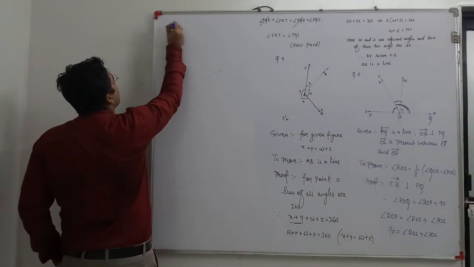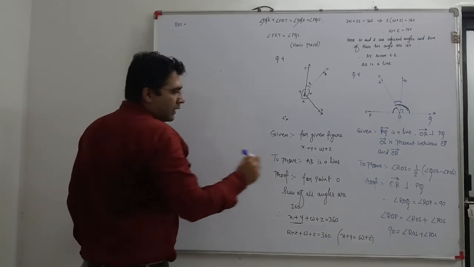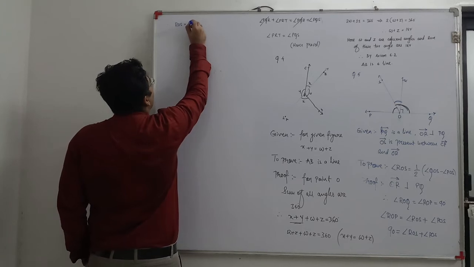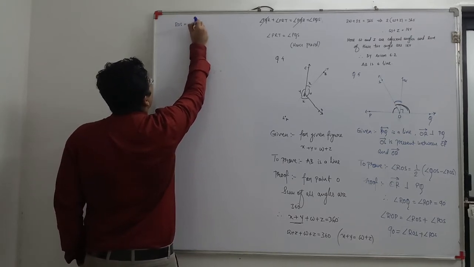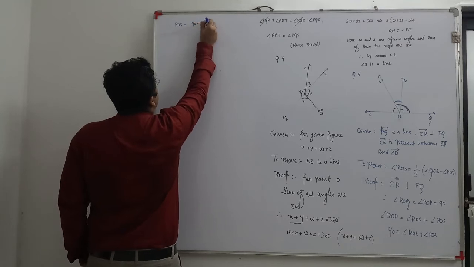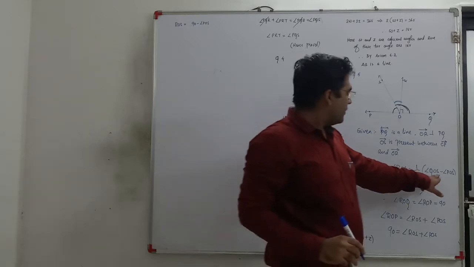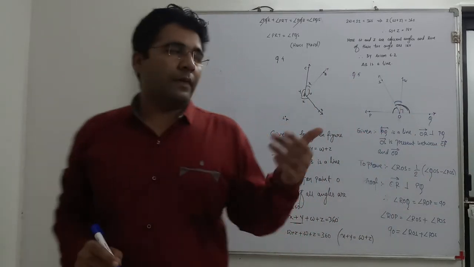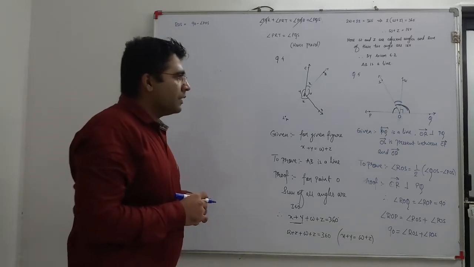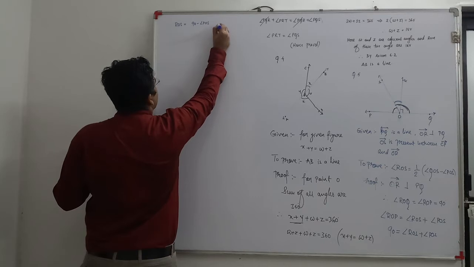Therefore ROS is equal to 90 minus angle POS. Okay. Now what is my other part? That is QOS. So I will convert QOS in terms of ROS. Here I can write like this. This is my first equation.